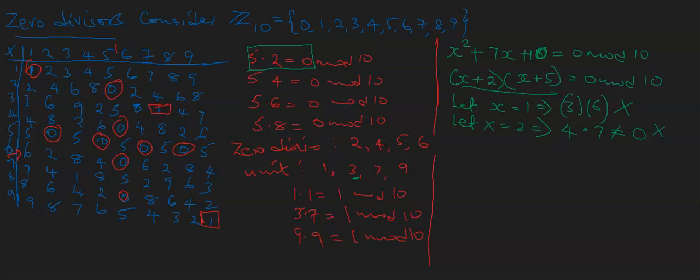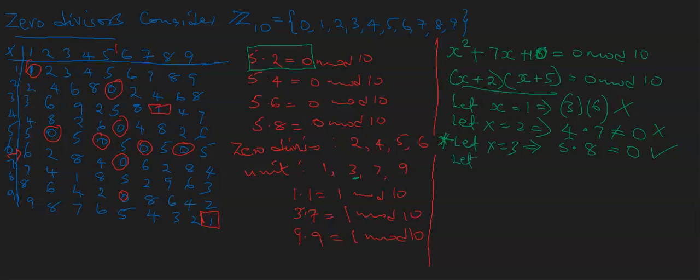Again, x cannot be 2. If we let x be 3, then we shall have 5 times 8. And we know this one is equal to 0 mod 10. So one of our solutions is that x is 3.